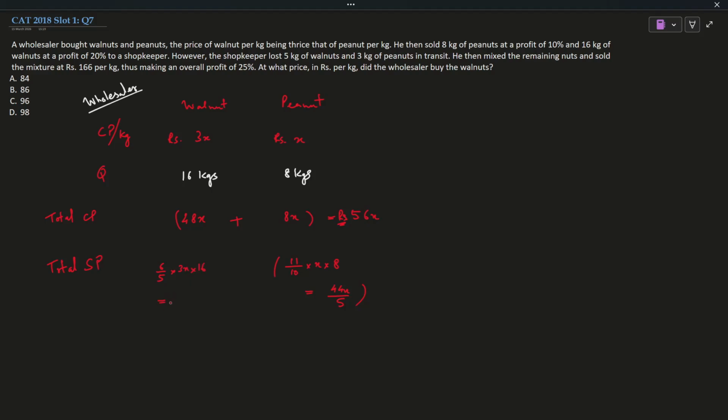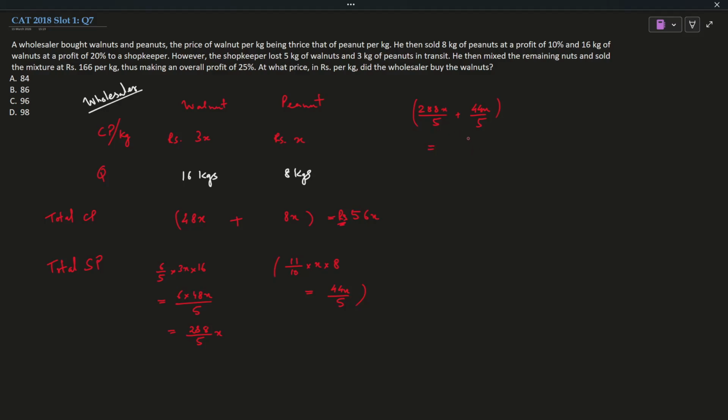So this will be 6 into 48x by 5, or I can say 288x by 5. So the total selling price will be 288x by 5 plus 44x by 5. This is the total selling price for the wholesaler.